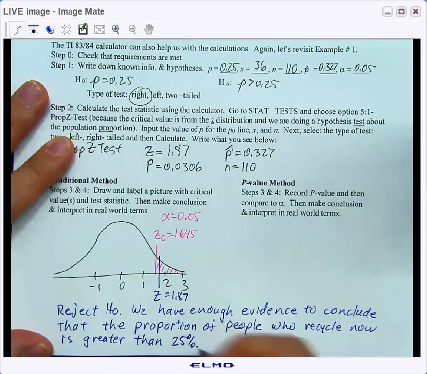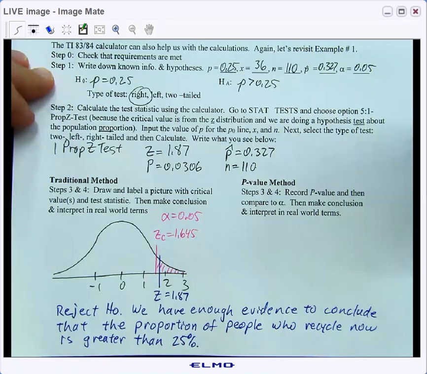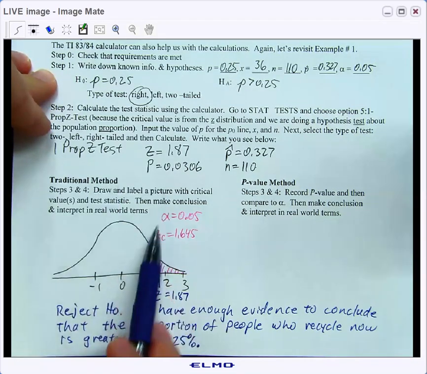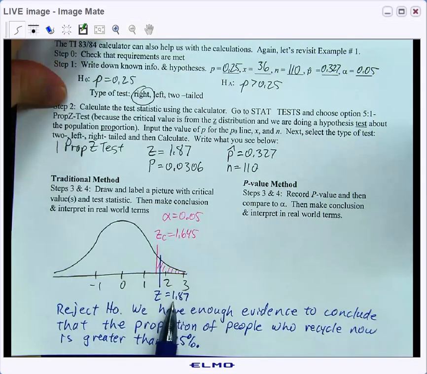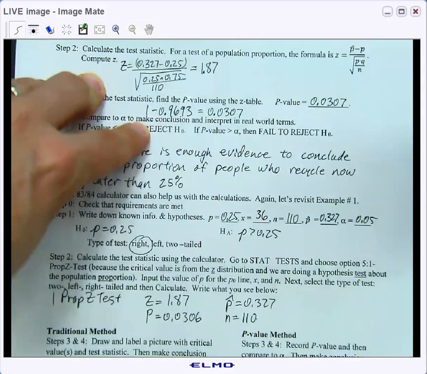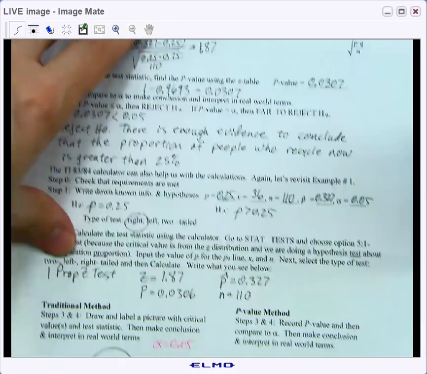Now, we don't know if it's 27 or 32 or 29 or anything, but we have enough evidence to say that it has gone up. Okay. So once again, that's using the calculator to help us do the traditional method. And notice that we got the exact same test statistic as what we did by hand.